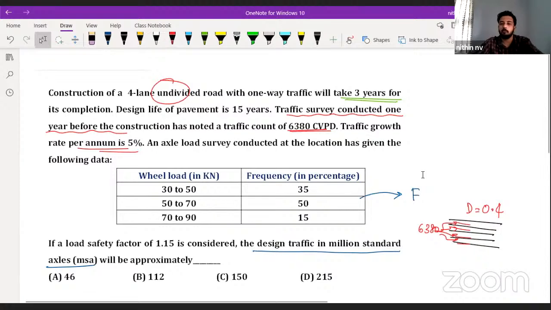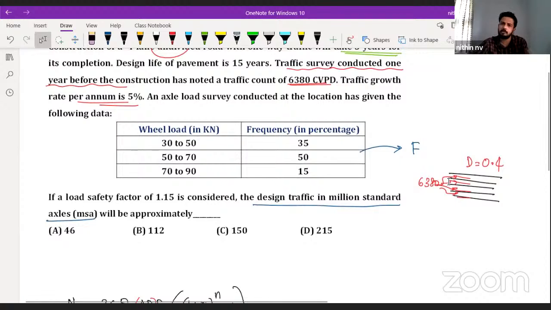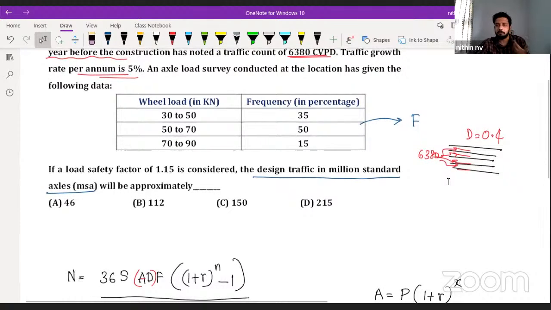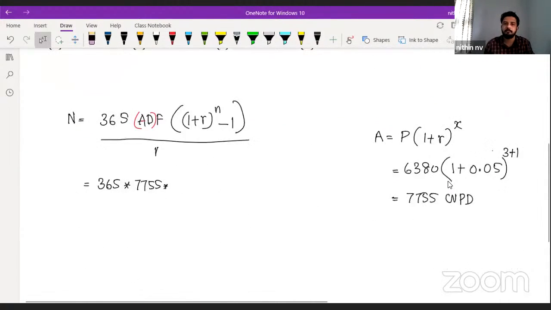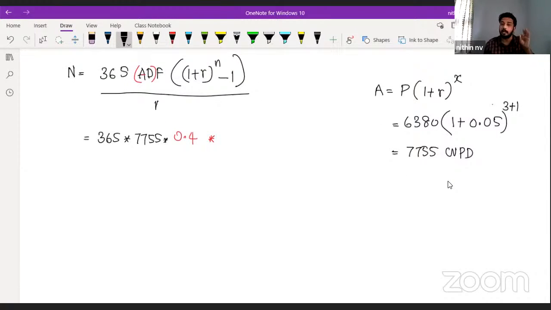So in this question, whenever they are giving 4 lane in one way, the D value will be 0.4. If they give some value in the question, you take it as it is. If they are not giving, then remember that. If it is 1 lane, then D will be 1, 2 lane 0.75, 3 lane 0.6, 4 lane 0.4.